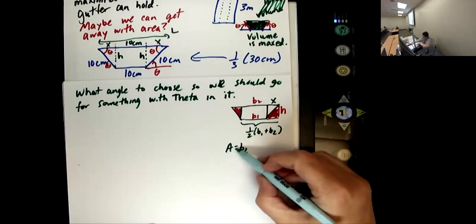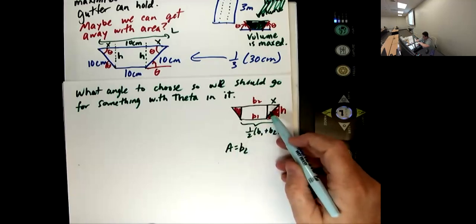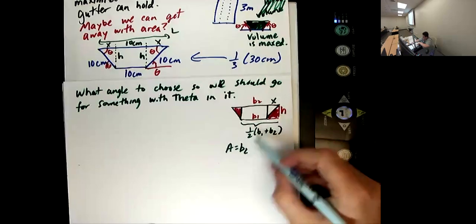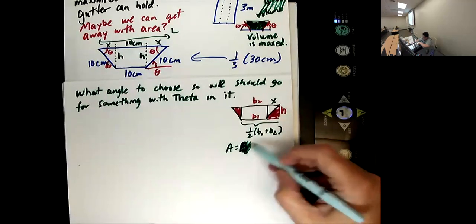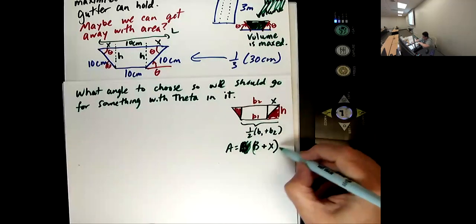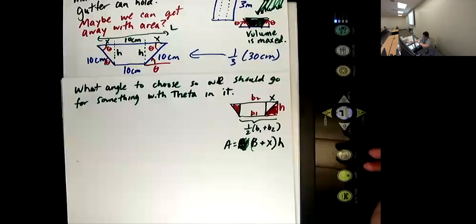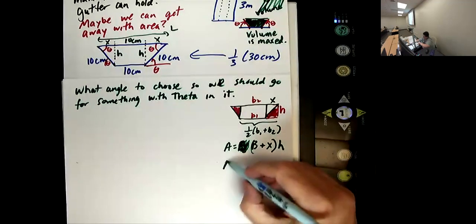So the area is B, well, the B's are the same because it's going straight up. B plus X times H. And what is B? Do we have any? We don't have H, we don't have X, but we have B. B is 10.